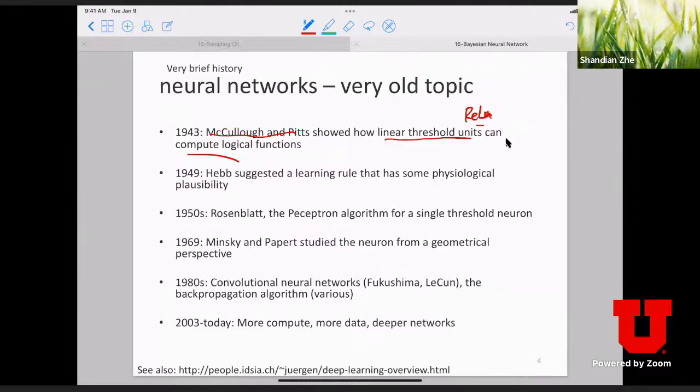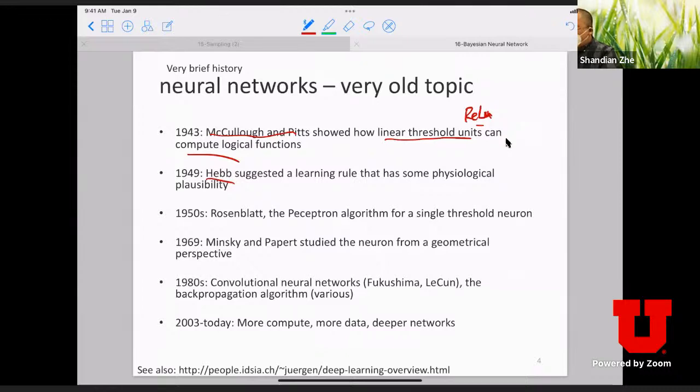Then in 1949, a pioneer in psychology suggested a learning rule that has some logical plausibility. And then in the 1950s, Rosenblatt invented the perceptron algorithm. A perceptron algorithm is just a linear classifier, and any linear classifier can be viewed as a particular type of neural network.